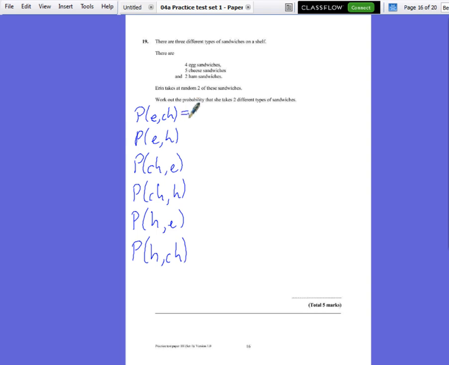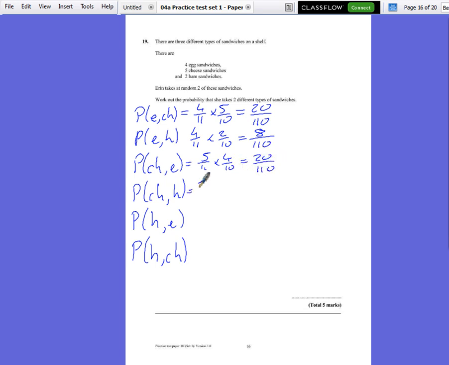Probability of getting egg and cheese would be 4 out of 11 for the egg and 5 out of 10 because we've now taken 1 out from the previous one for the cheese. So that would give me 20 over 110. This one would be 4 11ths times 2 tenths, which would give me 8 over 110. This one would be 5 11ths times 4 tenths, which would give me 20 over 110.